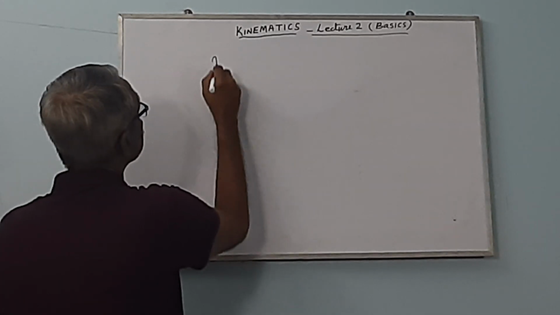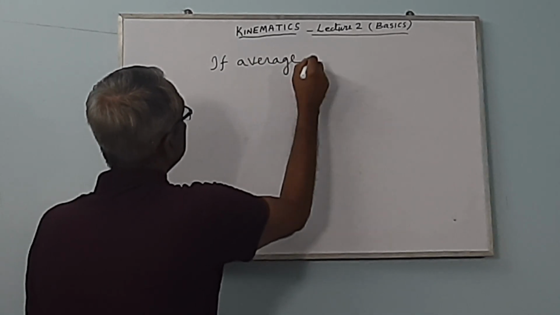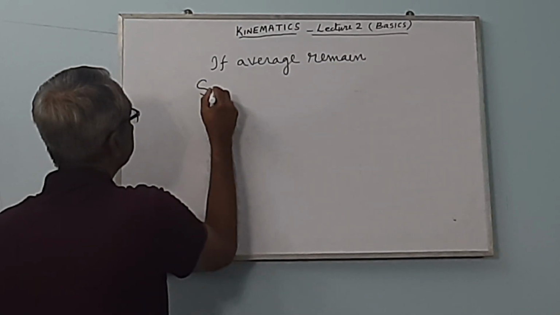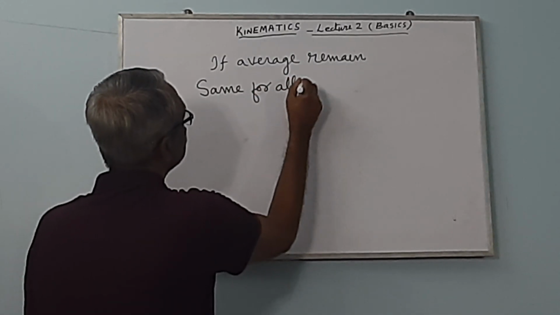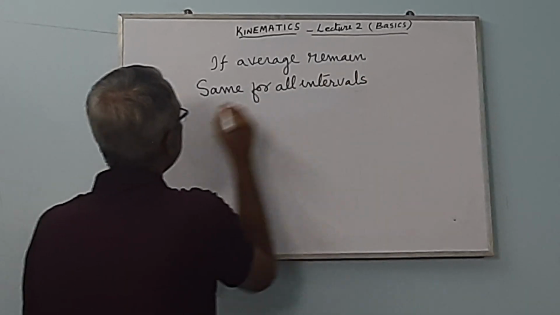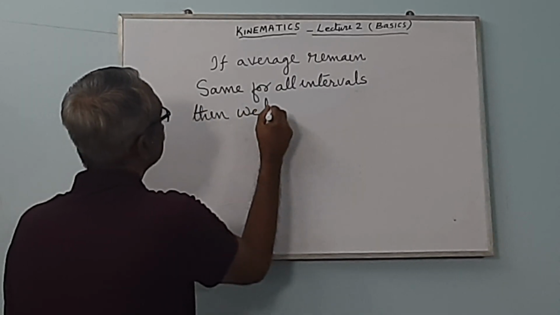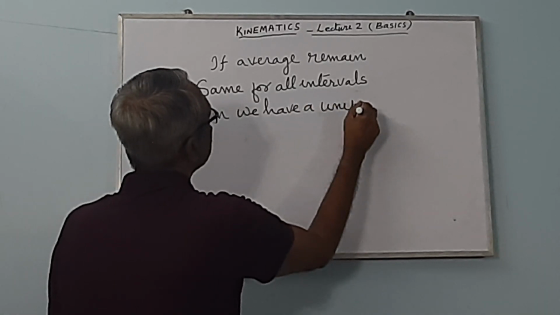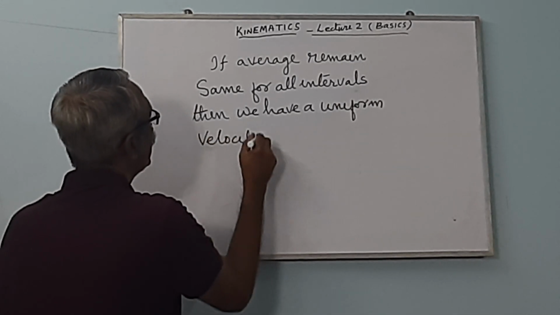And if the average velocity remains the same for all intervals, then we have a uniform velocity motion. Sometimes it is called uniform motion.